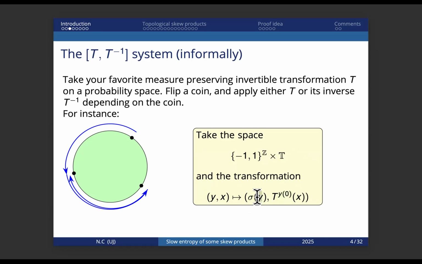So when you iterate this many times, here you will apply T to the 1 or -1 according to the sequence of coin flips that is indicated in the sequence y that lives in this space.